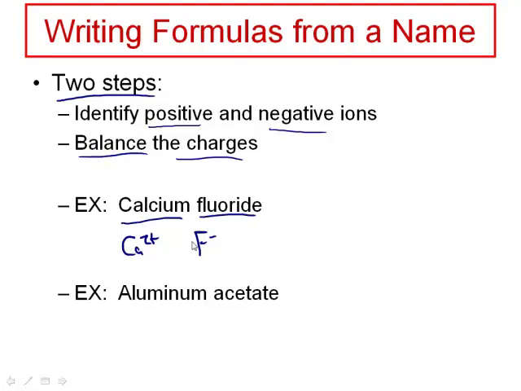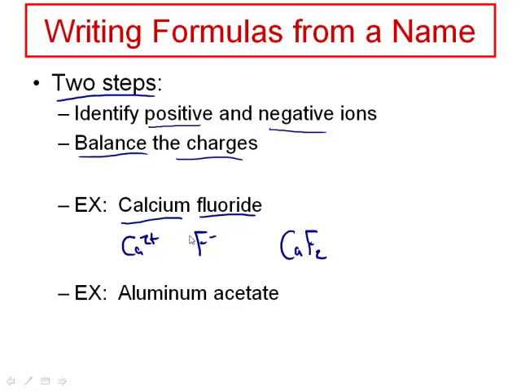The easiest way is, if calcium is a 2+ ion, how many 1- ions would it take to make the compound add up to 0? You can see that if each fluoride has a -1 charge, we would need 2 of those to go with every calcium ion. So the formula for calcium fluoride is going to be CaF2, like that.